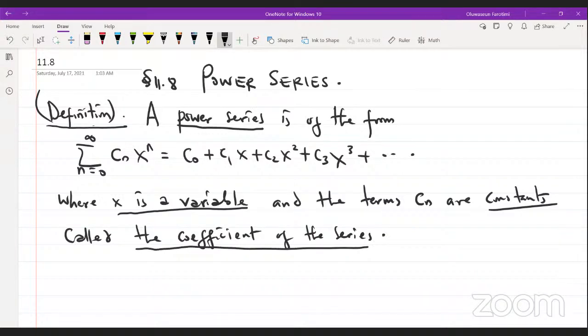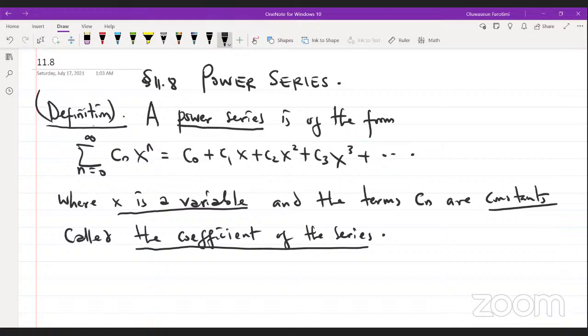So the power series is a special type of series that has this form. You sum from 0 to infinity of Cn, where the Cn's are the constants, which we call the coefficients of the series, and then you have x to the power of n.